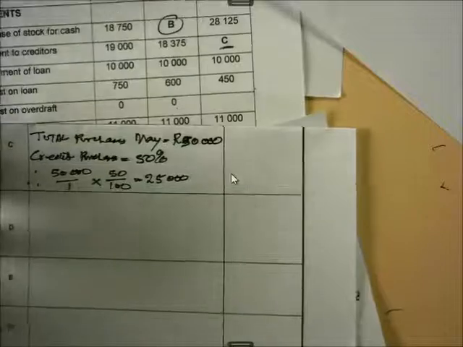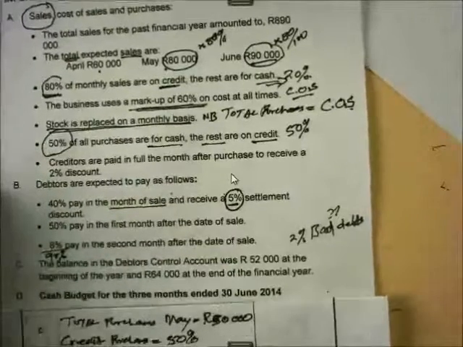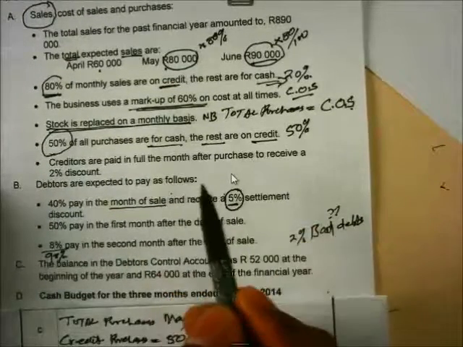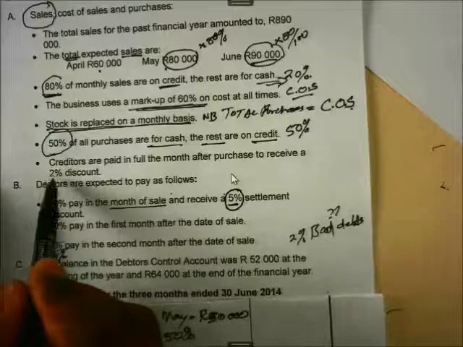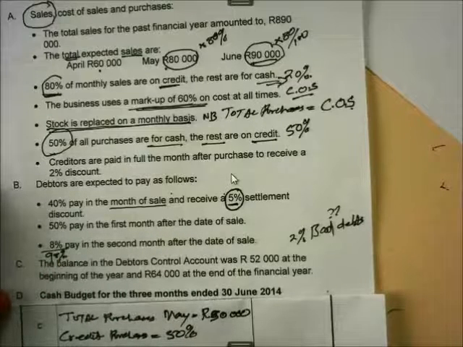But they said to us that this is subject to a 2% discount. They said we would receive a 2% discount. Therefore, you subtract the 2% discount, so you multiply by 98 over 100.